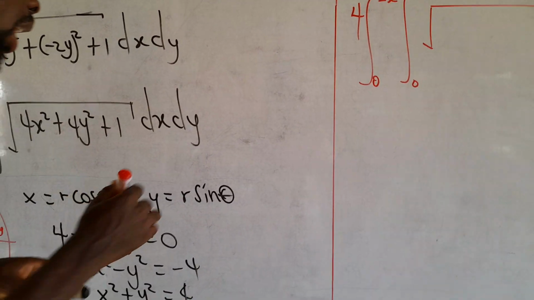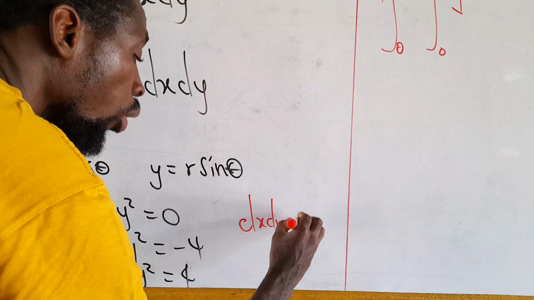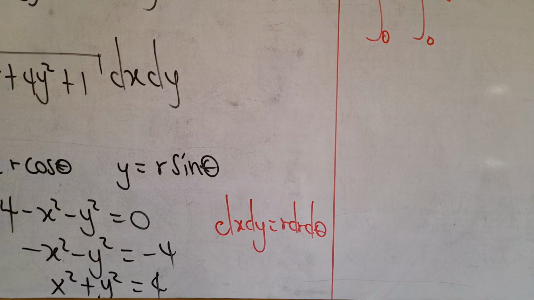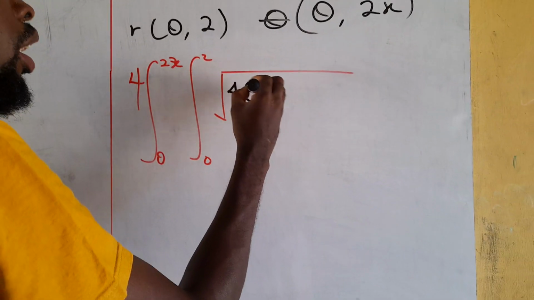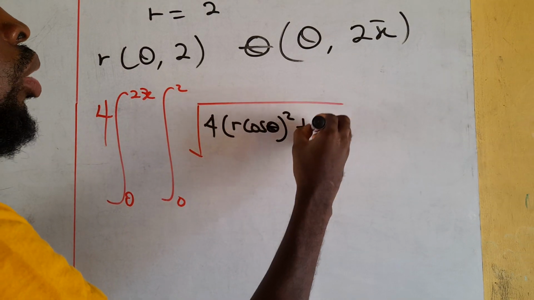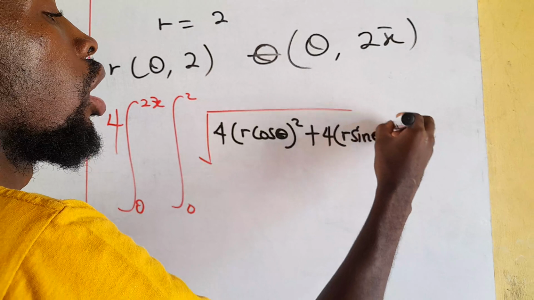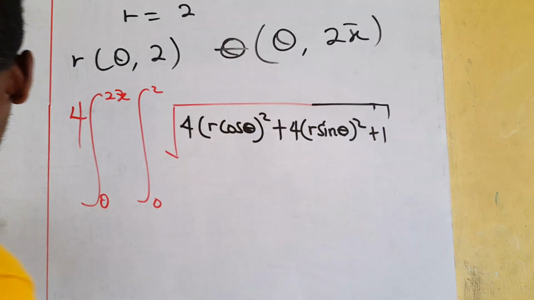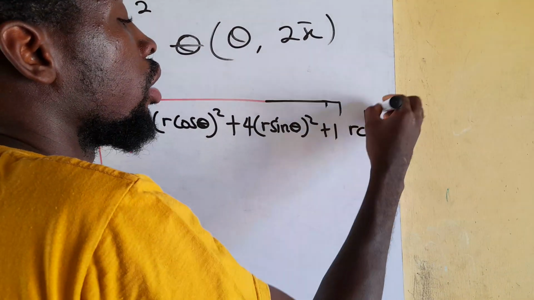And also remember our dx dy will be equal to r dr d theta. So we substitute all the necessary things. So we have 4 brackets r cos theta squared plus 4 brackets r sin theta squared plus 1. Then in place of dx dy, we substitute r dr d theta.